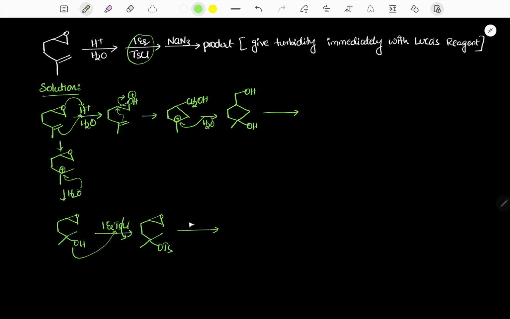Now it is treated with NaN3. N3- is a nucleophile, so the nucleophile attacks, ring opening takes place. Because epoxide is a good leaving group, if I take excess, N3- attacks and the leaving group will leave, but it is a tertiary carbon. SN2 is not possible. That's why it is less favorable.